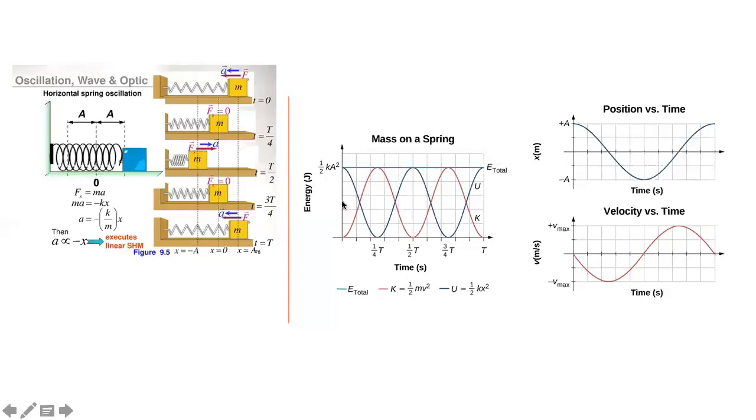For example, we have here the blue one, which is the potential energy plus the kinetic energy. We have this total energy. If we have it here, then PE plus KE is also this one, and so on. So here, we have already discussed the graph for the energy in simple harmonic motion.